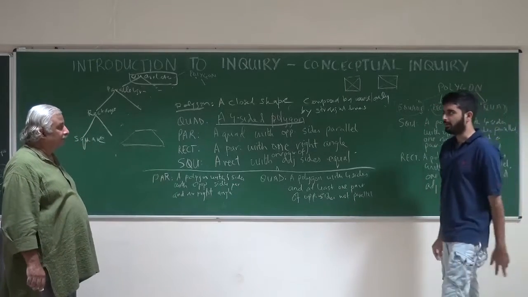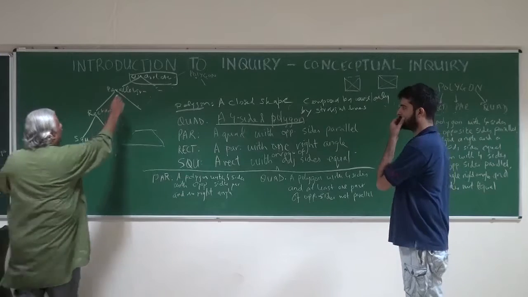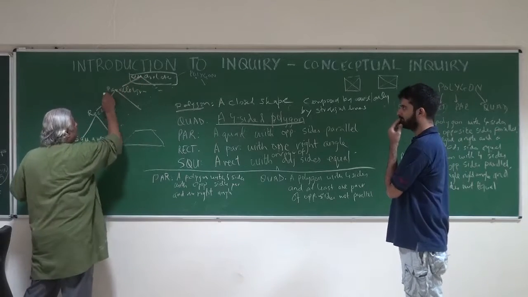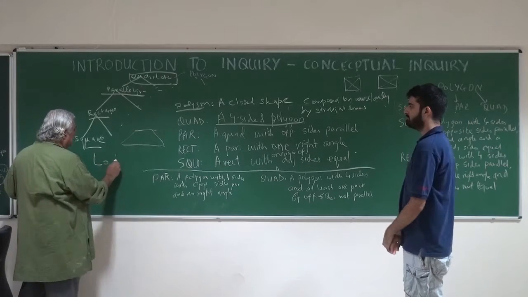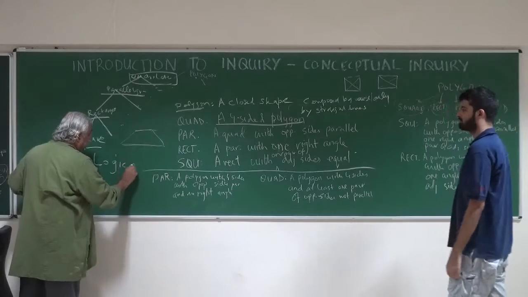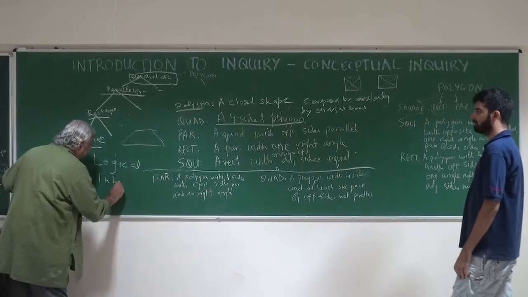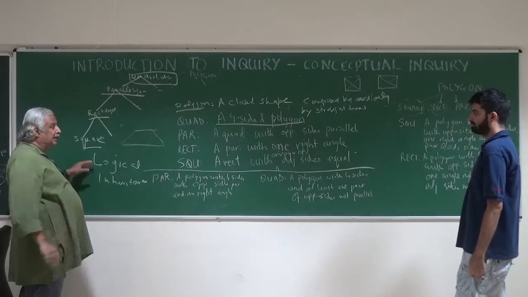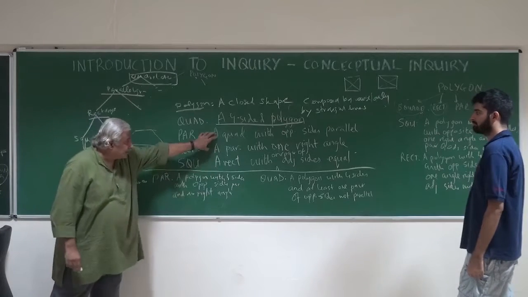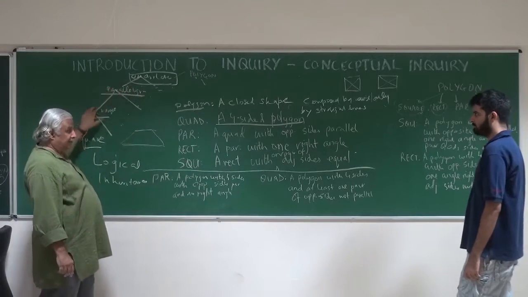So any property that is true of this will be inherited by this, and by this. This is what they call the logical inheritance. And we are exploiting the logical inheritance, both here in these definitions and in the theorems.